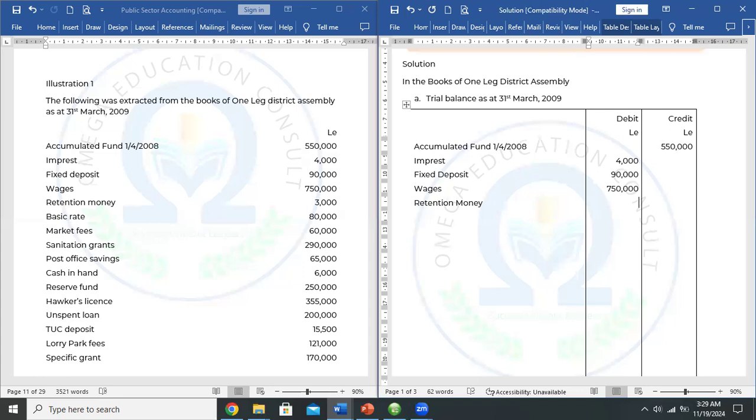That 5 cedis you withhold is the retention money. So you pay the 15 cedis for the person to start copying the note, but the 5 cedis you are not going to pay until she has finished copying the note.